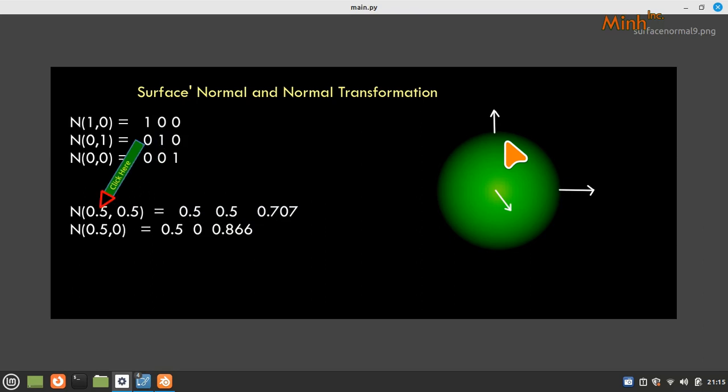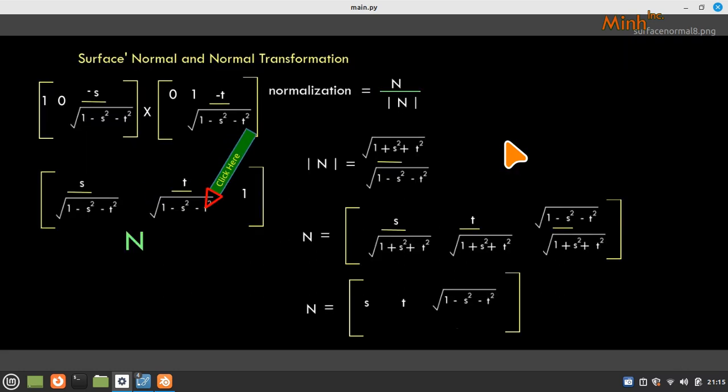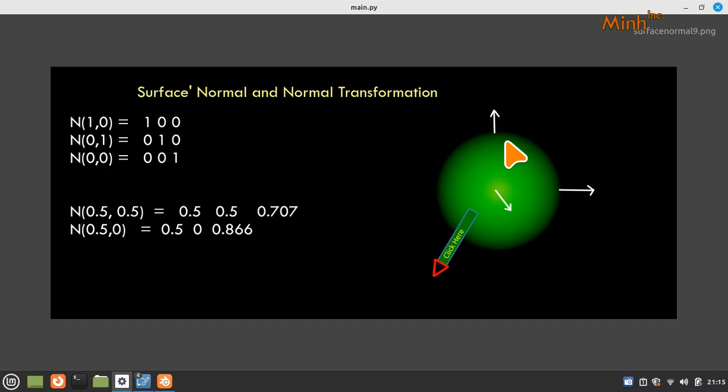I just say x and y 0.5, 0.5, then it is 0.5, 0.5 as per the equation s, t, and 1 minus s square and t square. So 0.25, 0.25, 1 minus 0.5, square root. So that would come as 0.707. Okay. What about 0.5 and 0?